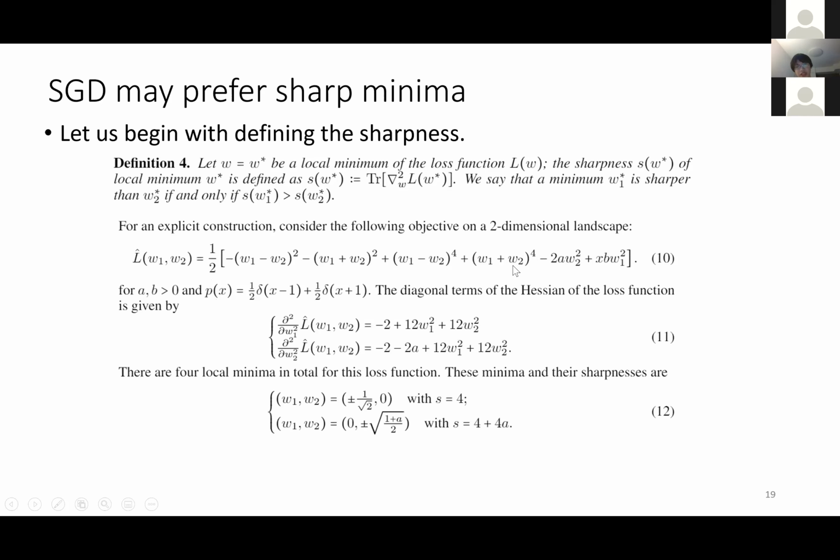You can compute the Hessian and find the 4 local minima of this example. 2 of the local minima have a sharpness of 4, and the 2 other local minima have a sharpness of 4 plus for A. So by controlling A, we can control the sharpness of these minima. And we will show that it is these 2 minima that SGD converges to.